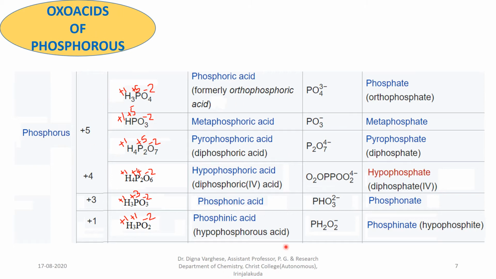These are the important oxoacids of phosphorus. Here the phosphonic acid has 2 ionizable hydrogens, so it is a dibasic acid. Phosphinic acid has 1 ionizable hydrogen, so it acts as a monobasic acid.